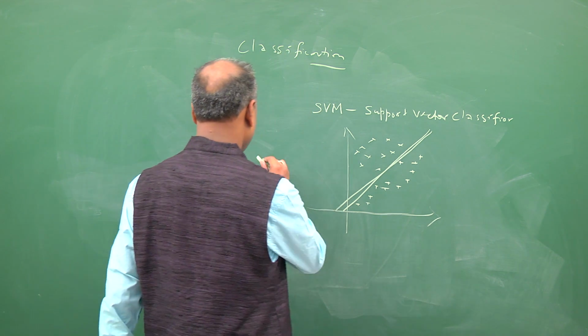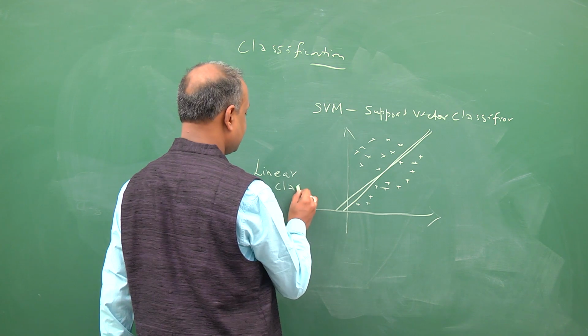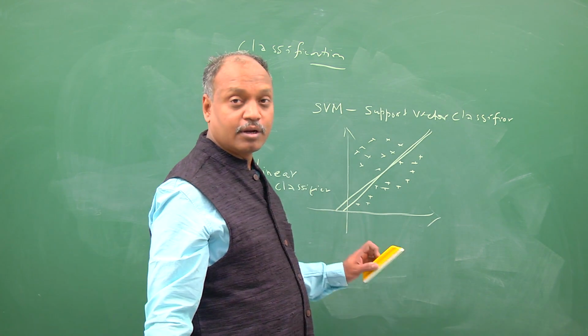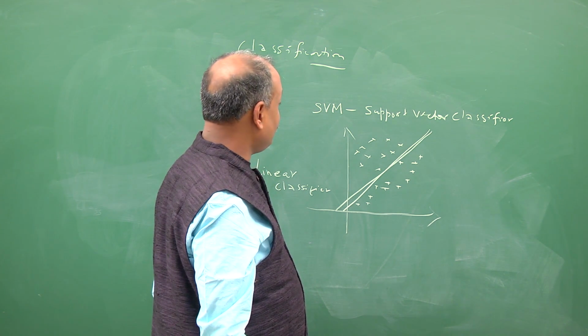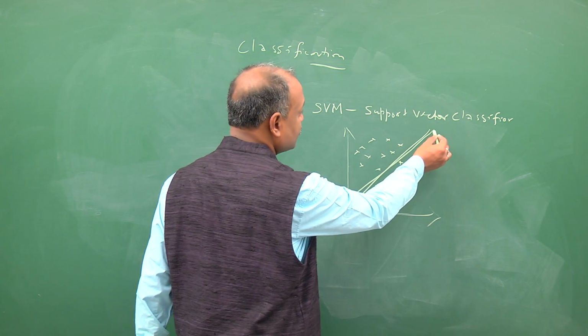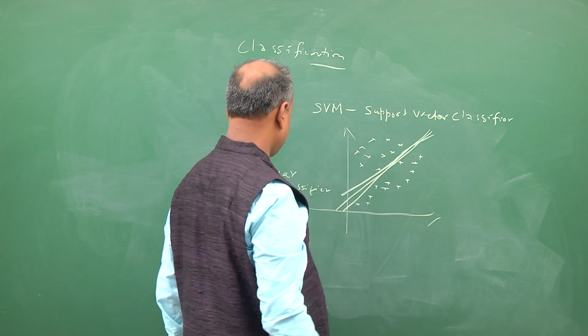So we can have several linear classifiers separating two classes. But is it possible to have only one classifier? The answer is no. We can have an infinite number of such straight lines which qualify as potential classifiers.